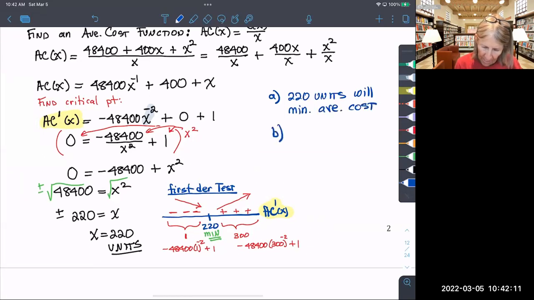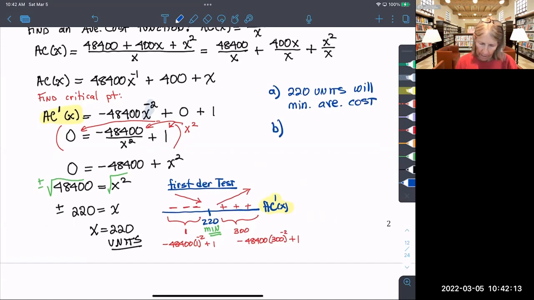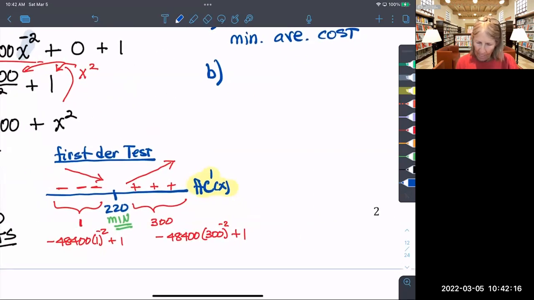Now, what is the minimum average cost? Okay, let's take our 220 and put it back into the average cost function, right? I want to know, what is that lowest average cost? So way back to the average cost function, remember?